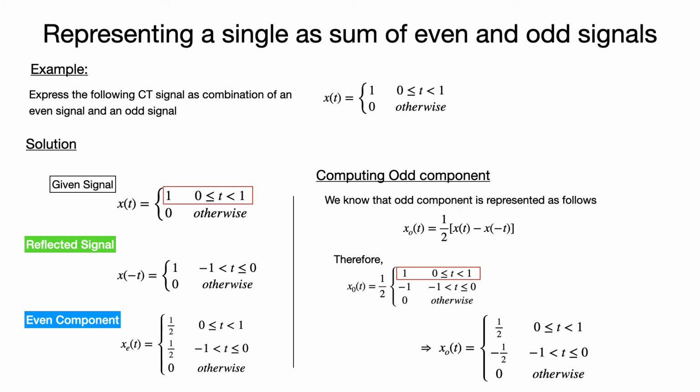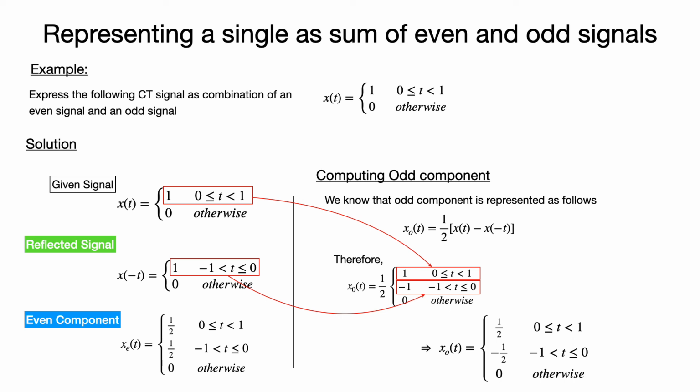This one is from the original signal and this one is from the reflected signal, but the negative sign with 1 is because of the subtraction, because we are subtracting it from the original one. That is why we use a negative sign with it. After that we multiply 1/2 inside the bracket, and our odd component xo(t) is 1/2 in the region where t ranges from 0 to 1, and -1/2 in the region of t from -1 to 0, and 0 otherwise.